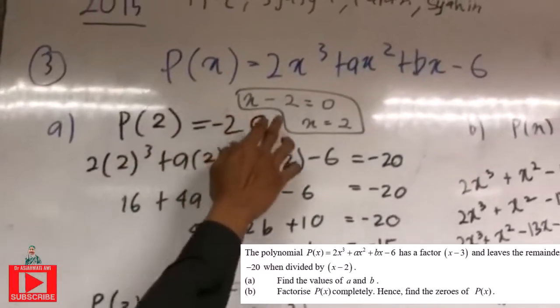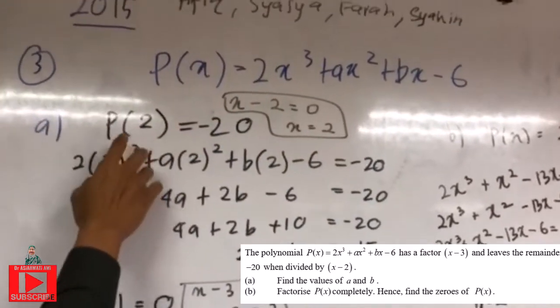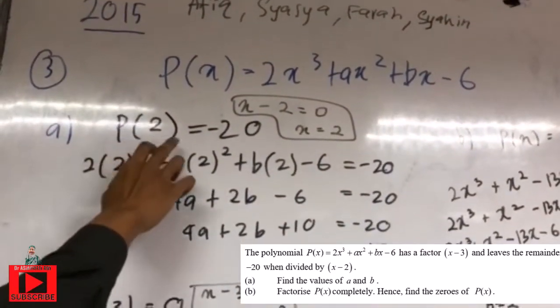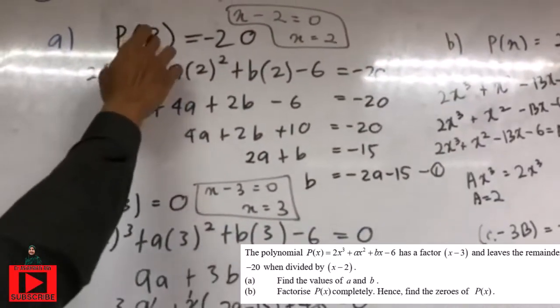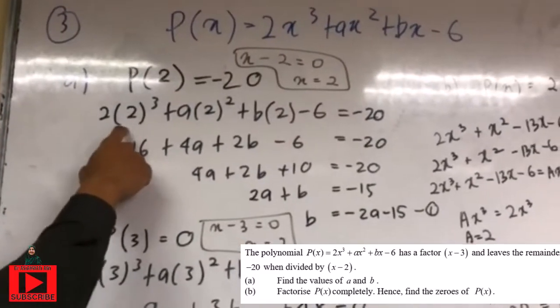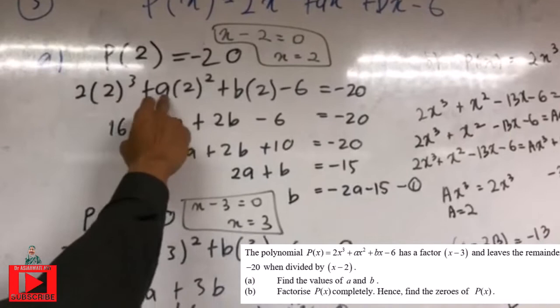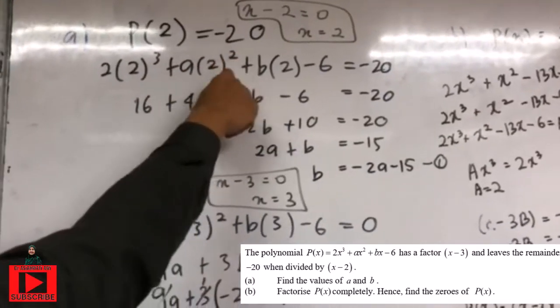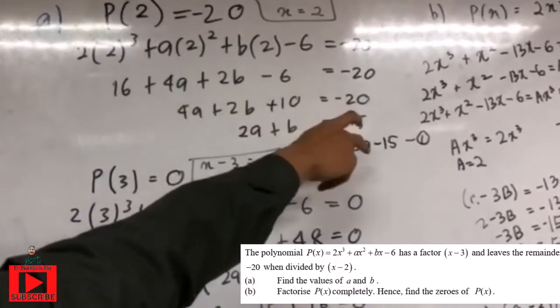So kita substitute balik x minus 2 equals to 0, x equals to 2 into the polynomial. So we will get p in bracket 2 equals to negative 20. So we just substitute back the 2 into the px. So we will get 2 in bracket 2 to the power of 3, a in bracket 2 to the power of 2 plus b in bracket 2 minus 6 equals to negative 20.